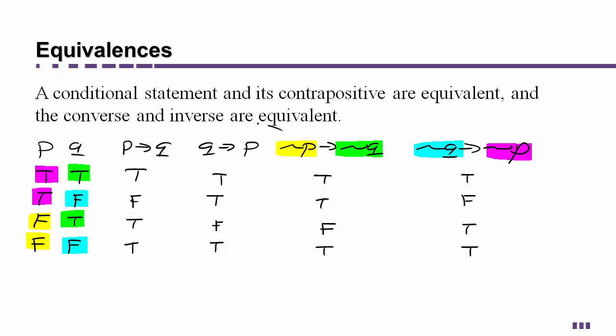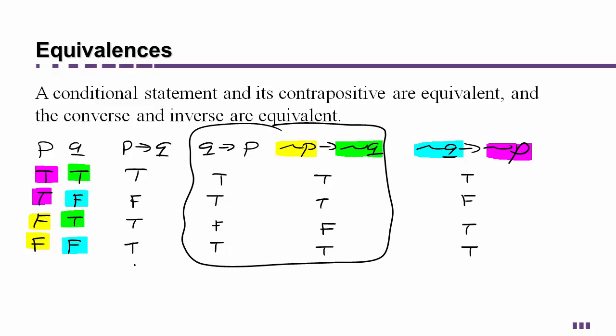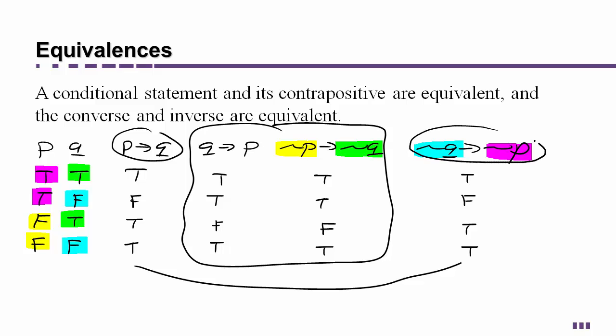Can you see how these two are the same, and then these two are the same? So the conditional and the contrapositive are equivalent, and then converse and inverse are equivalent.